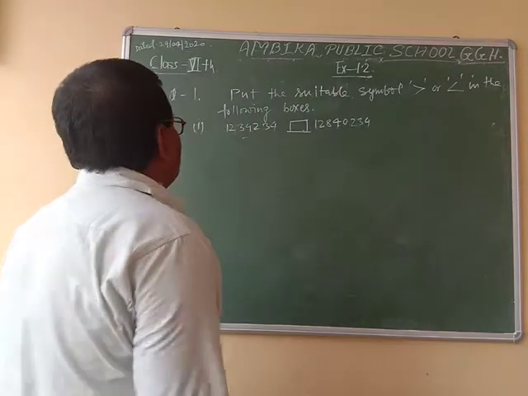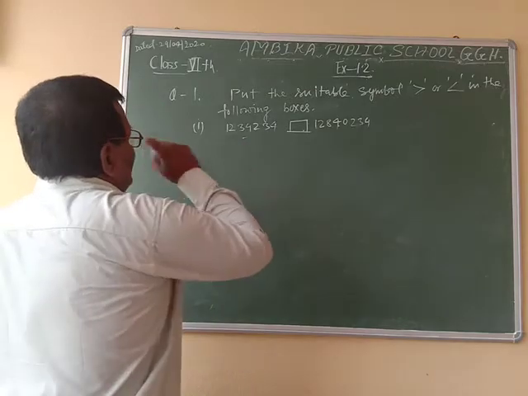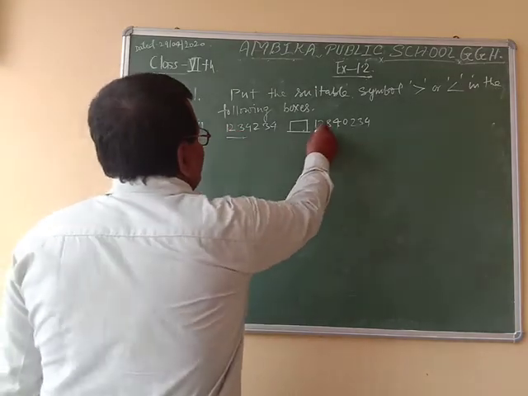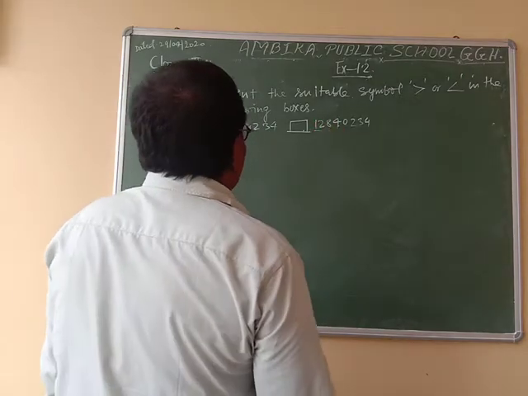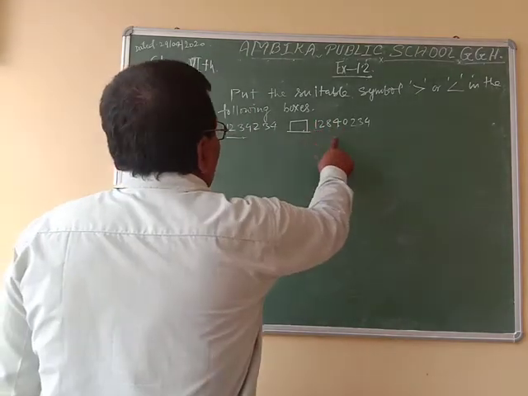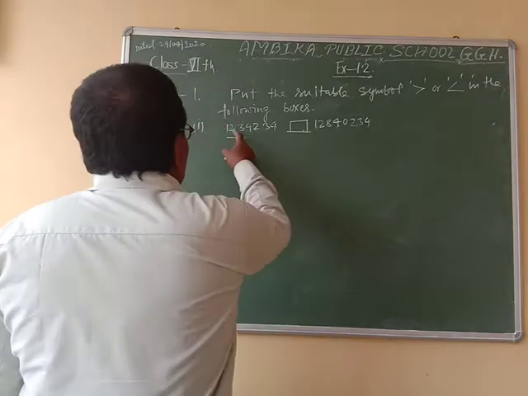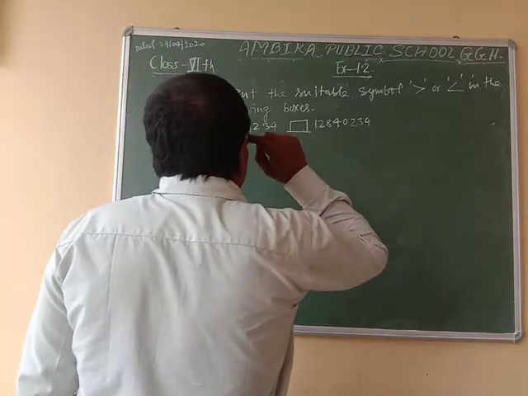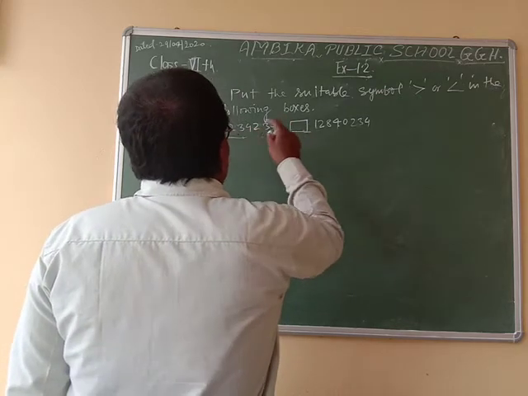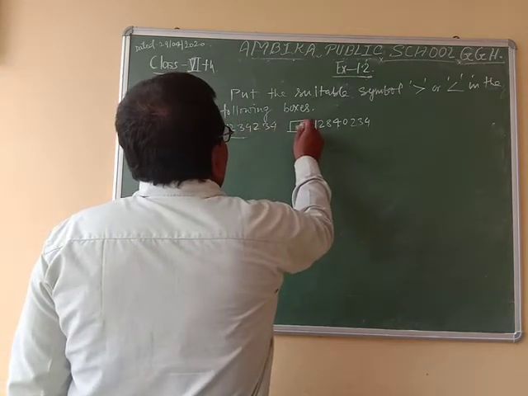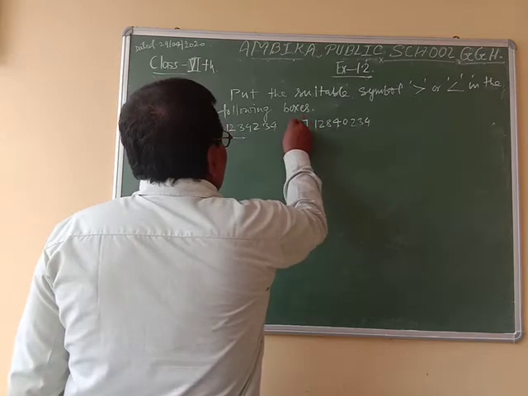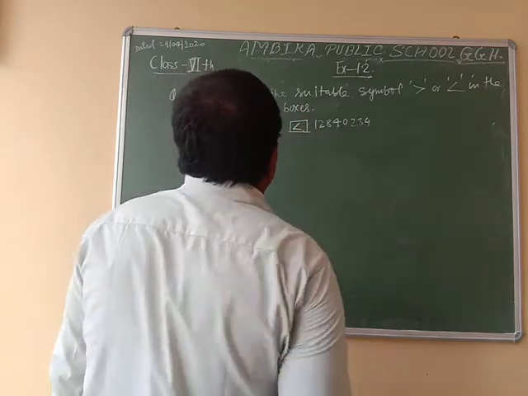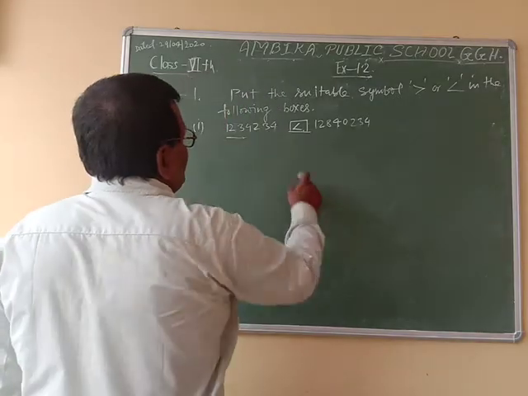It seems that on the left it is 12 lakh and on the right it is 1 crore. So the left is less than the right, and we put the less than symbol this time.